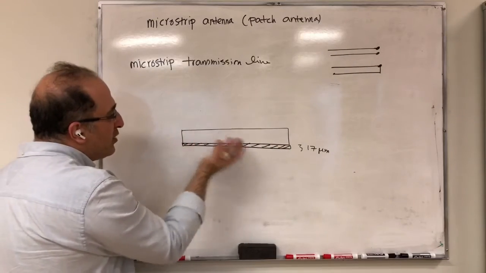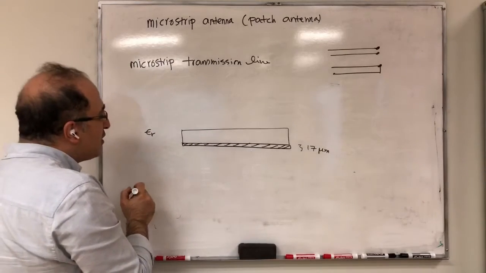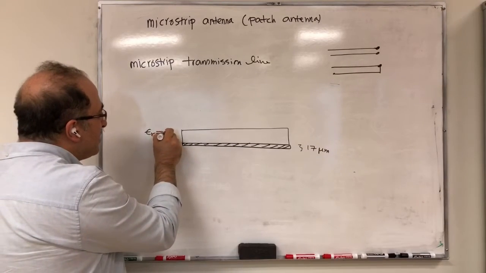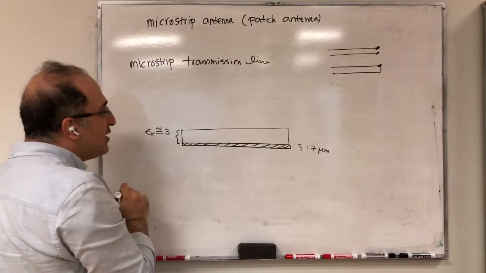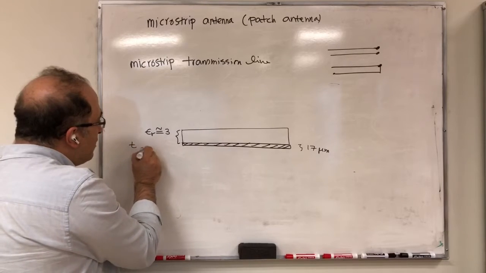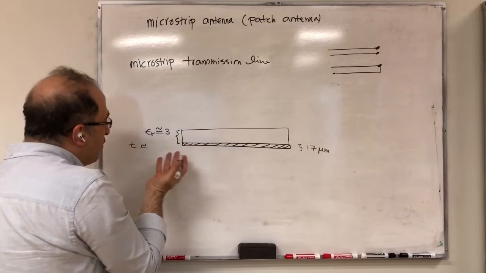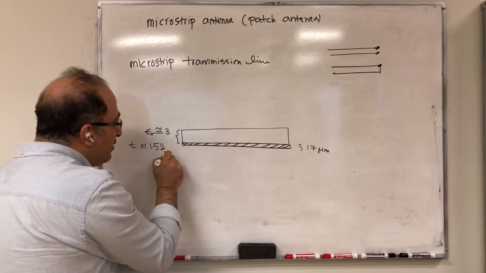It could come in different relative permittivity or dielectric constant, for example, let's say approximately 3. And then there is a thickness associated with that. Let's say T for thickness, maybe for one particular case that I have in mind, 1.52 millimeter.